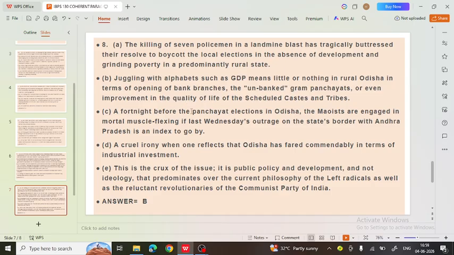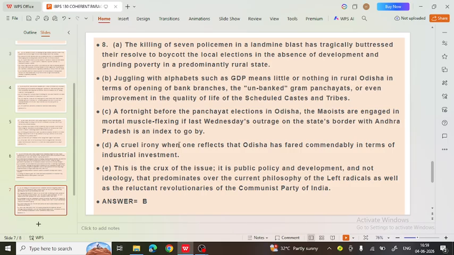A fortnight before the Panchayat election in Odisha, the Maoists are engaged in moral muscle flexing if last Wednesday's outrage on the state's border with Andhra Pradesh is an index to go by.